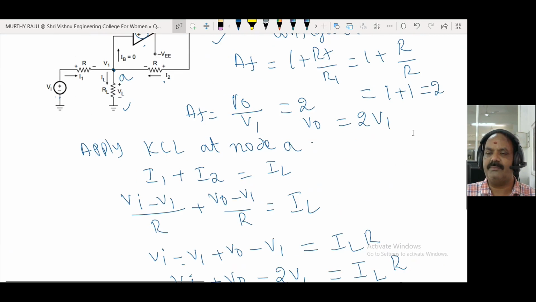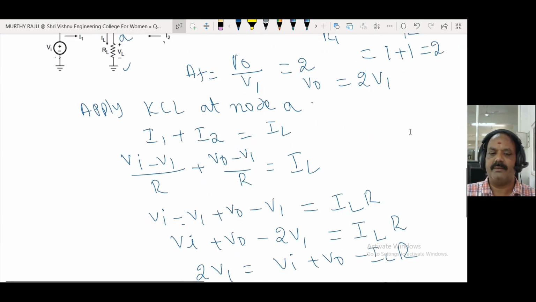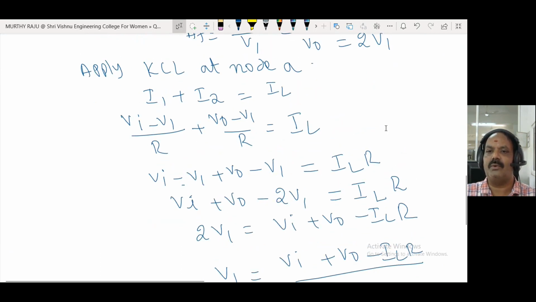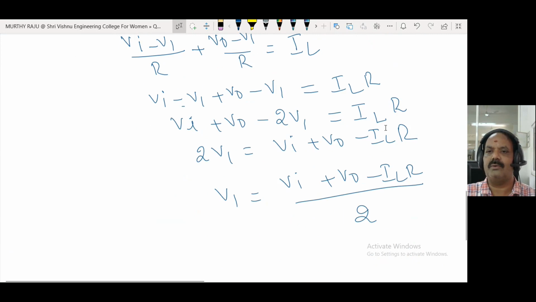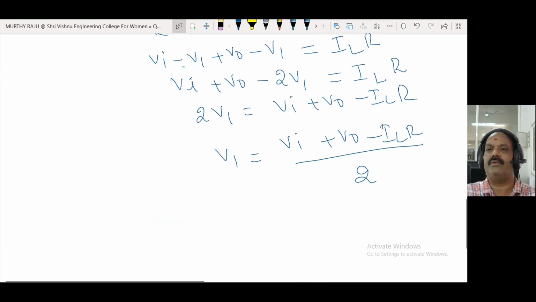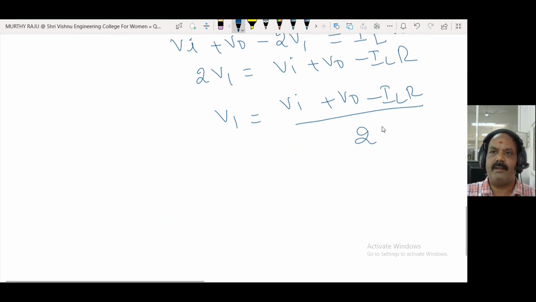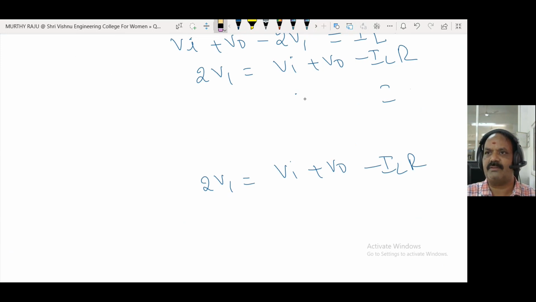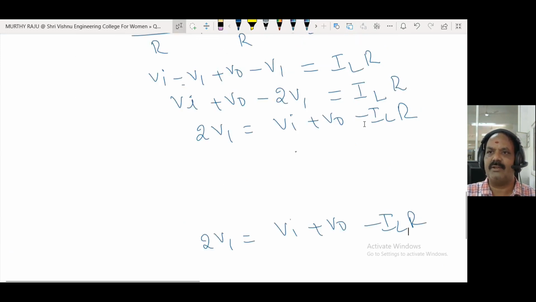But V0 is equal to 2V1. Consider this one: 2V1 is equal to VI plus V0 minus IL into R. Need not use the other expression. Directly use this one.